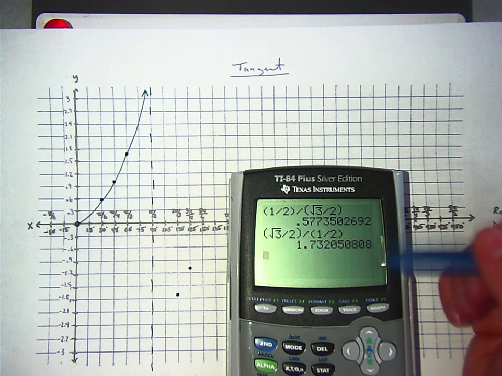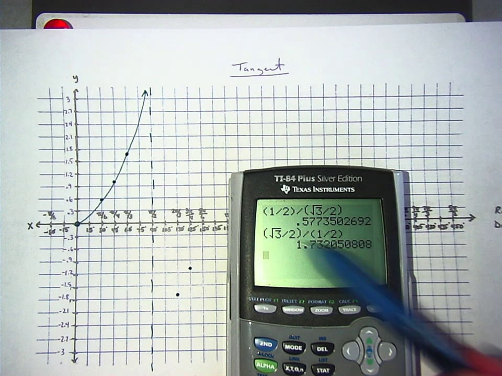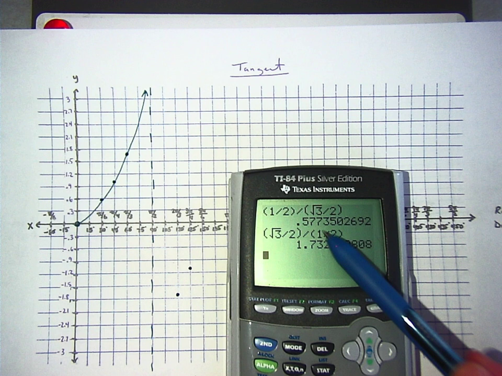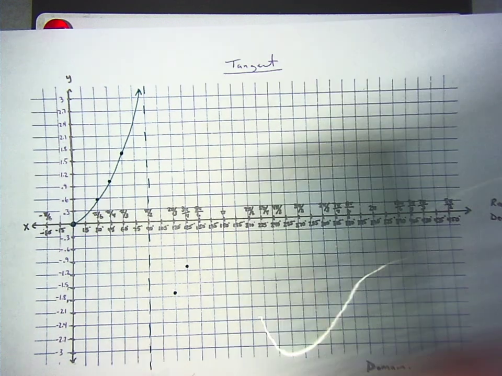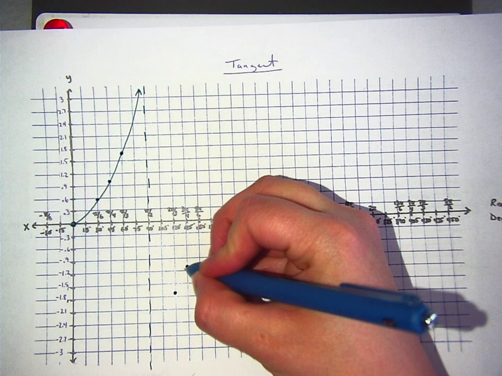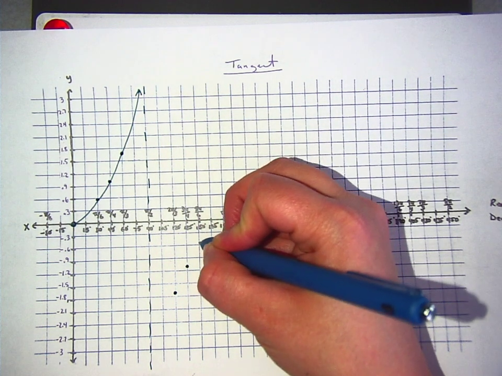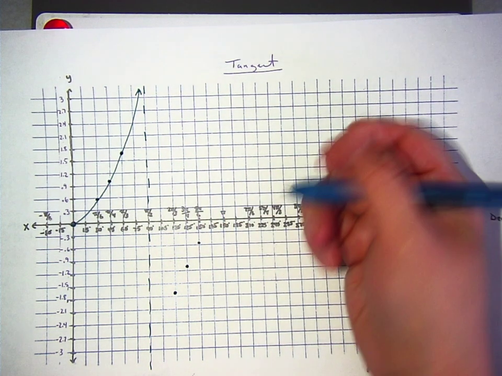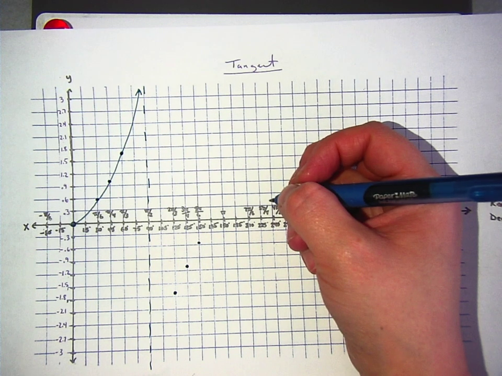Calculator. These are the only equations you need. You just need to know if they're positive or negative. It's this one, but it's going to be negative because that square root of 3 over 2 is negative, so it's negative 0.57. How about pi?